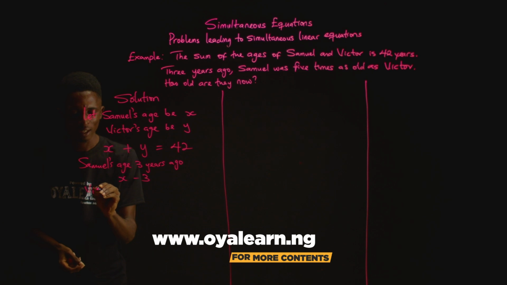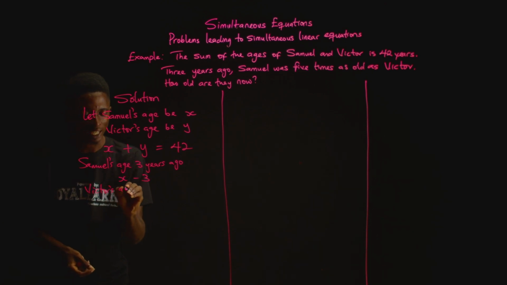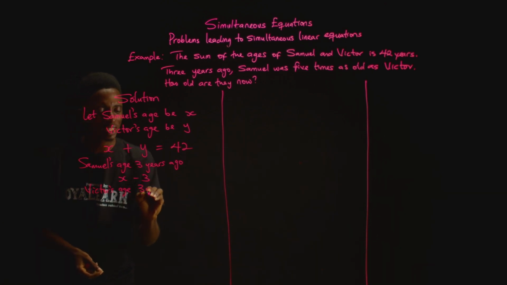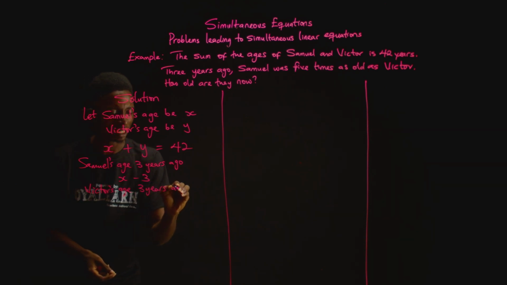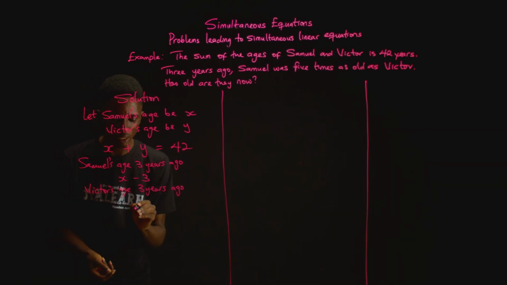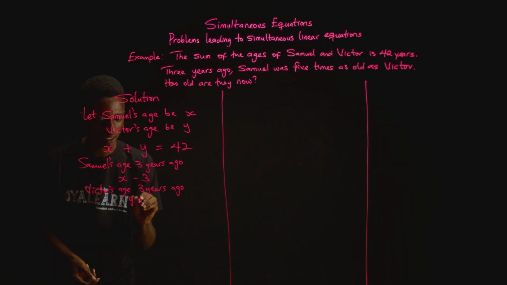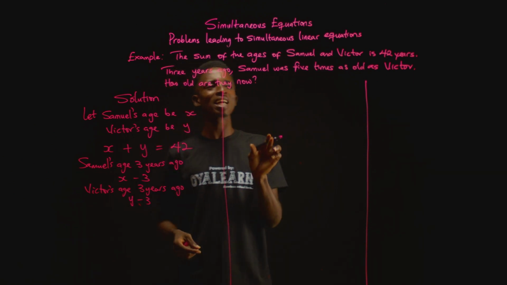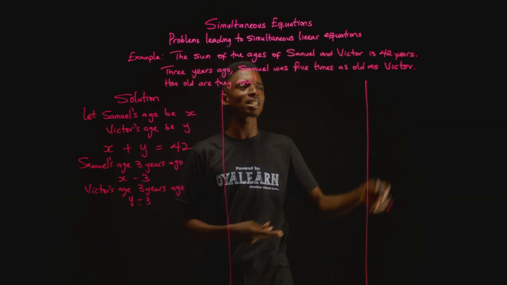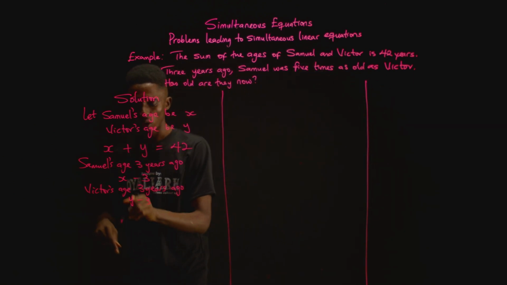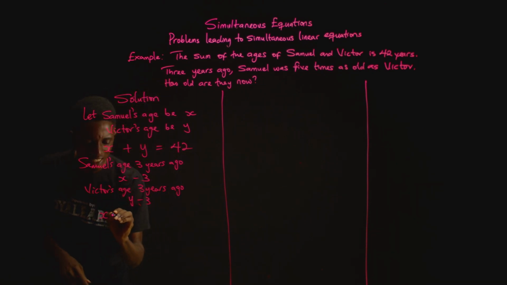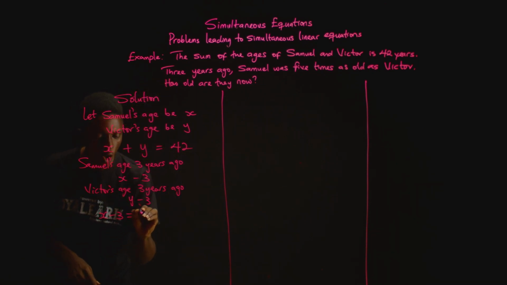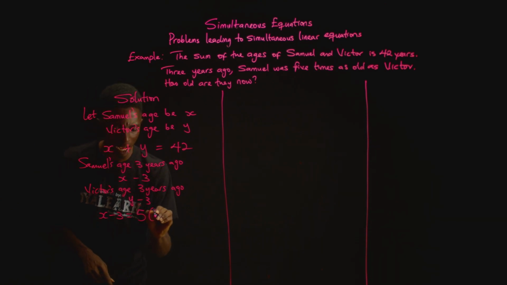And then Victor's age 3 years ago will be Y minus 3. And the information says that Samuel was 5 times as old as Victor 3 years ago. Therefore, we now have it as X minus 3 equals 5 times Y minus 3.